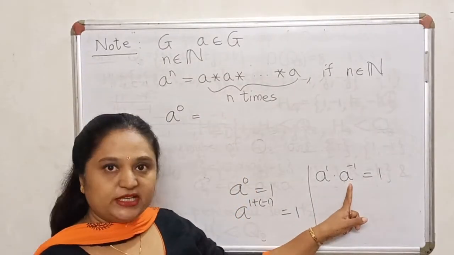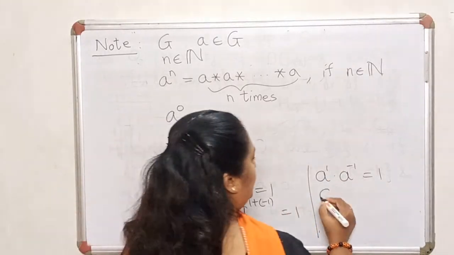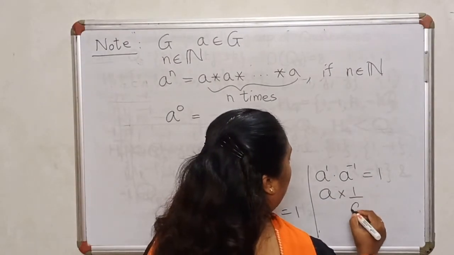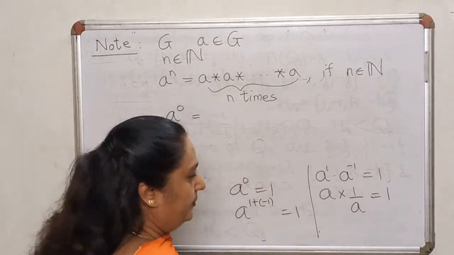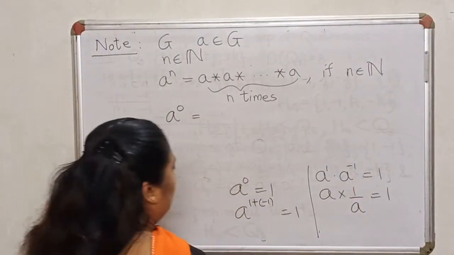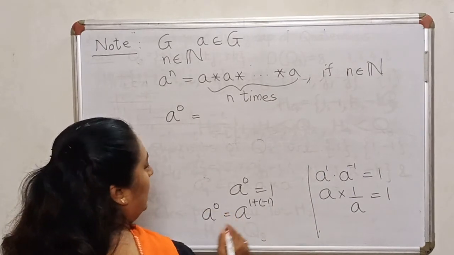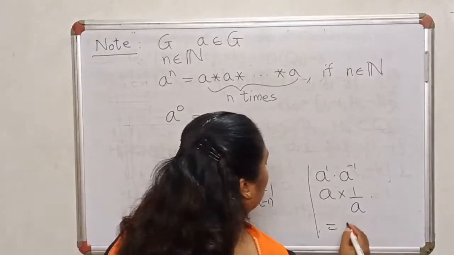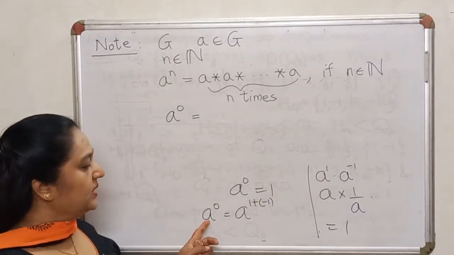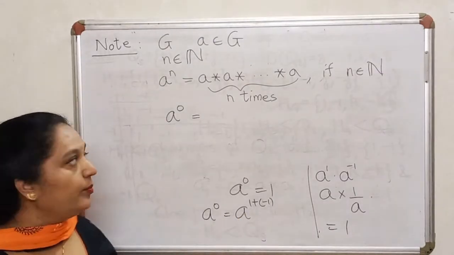For our usual sets of numbers, because this is multiplication, A inverse, provided A is not 0, is going to be 1 upon A, and therefore, rather, I'm looking at A raised to 0. A raised to 0 is this, and this works out to be 1. So for usual sets of numbers, A raised to 0 is equal to 1, and this is how we prove it.